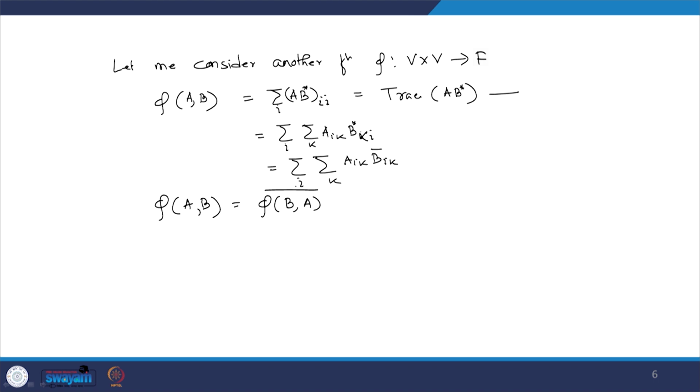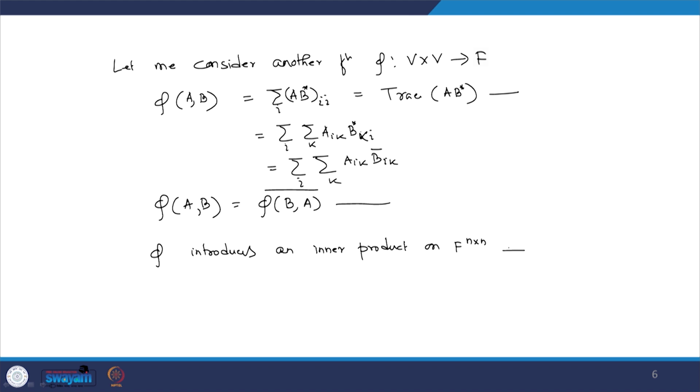So, as I did for the first example over the same space, the same thing can be done for this function also, and here also you can show that this phi introduces an inner product on your space, F n cross n.